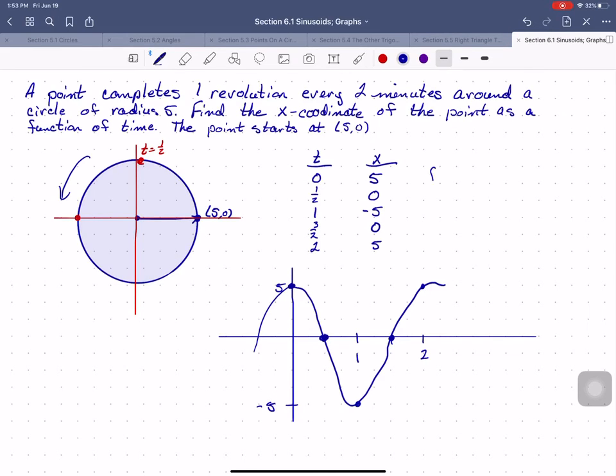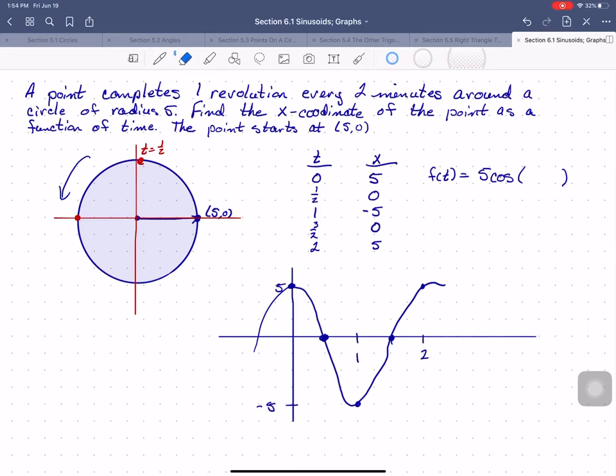So my function of time, we've got a 5 cosine, and that 5 comes from the amplitude, that 5 comes from the radius of the circle, right? But now, what is the period?